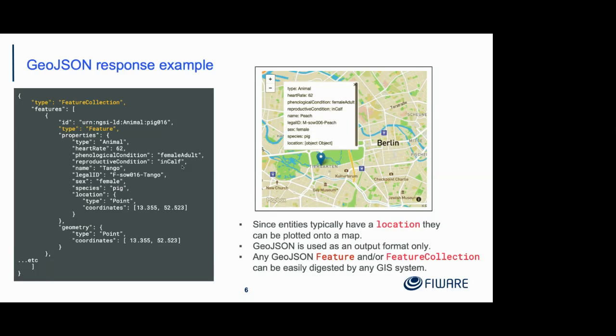So GeoJSON is an output format only. JSON is an output format only as well, if you think about it, because all the interactions which you need to do with modifying your entities use the normalized format. So it's just for displaying stuff on screen.